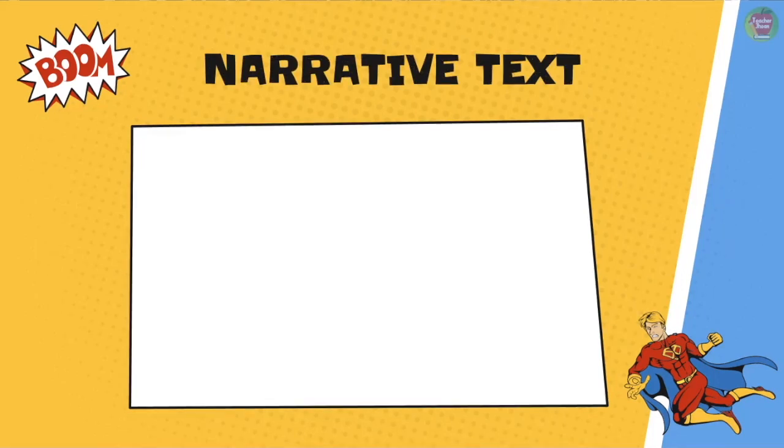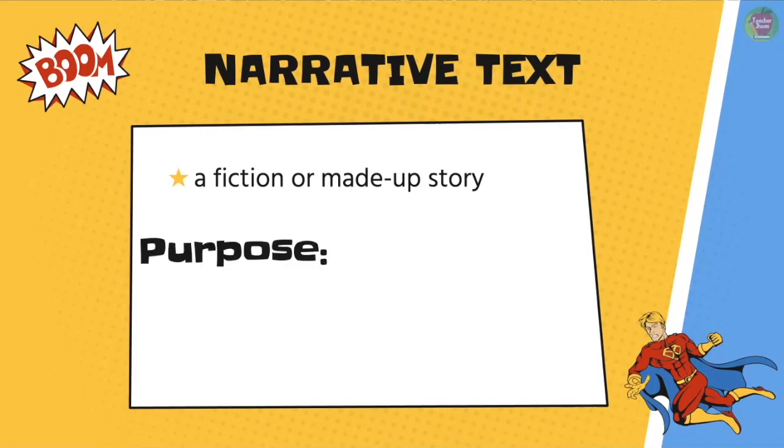The first text type that we're going to discuss is the narrative text. Narrative text type is a fiction or made-up story. The purpose of narrative text type is to entertain or to tell a story.